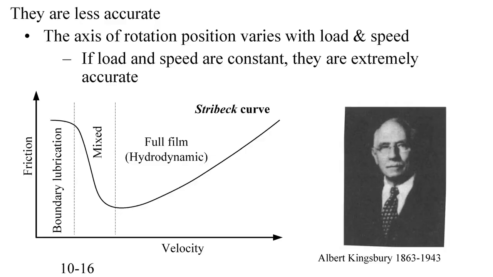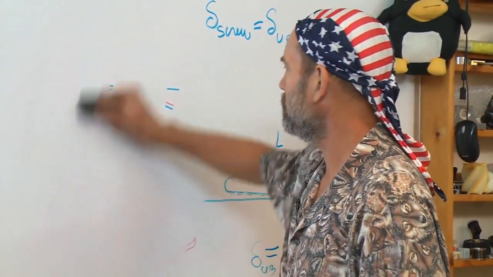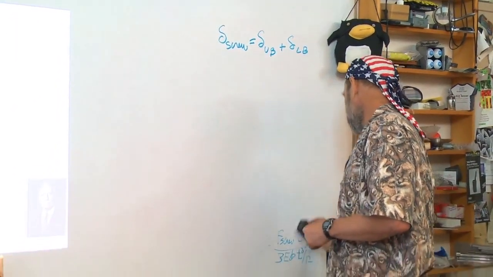And then Albert Kingsbury lived a little bit later, late 1800s to the mid-1900s. Very famous person, for he took the idea of hydrodynamic bearings and invented what was called the Kingsbury thrust bearing, or the tilting pad thrust bearing. And many of his bearings built in the early 1900s are still in use.